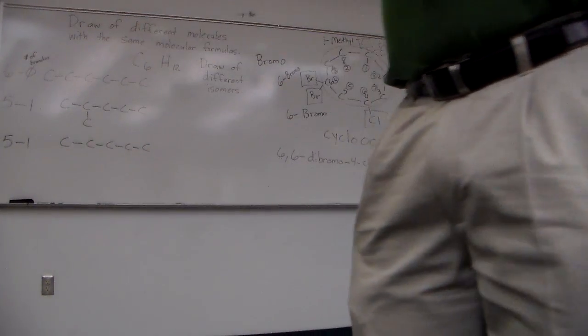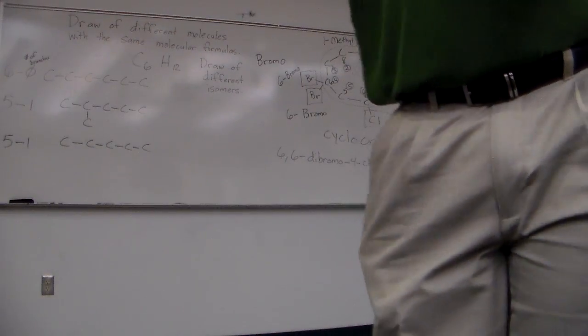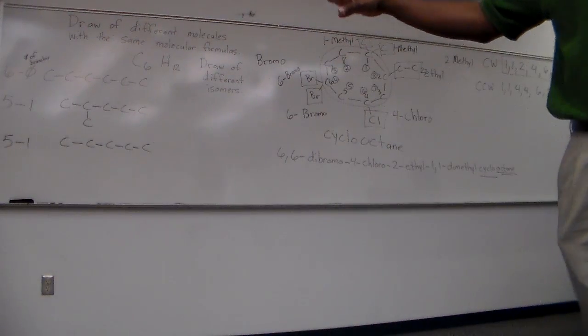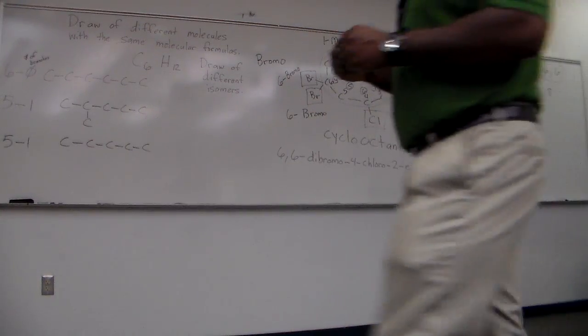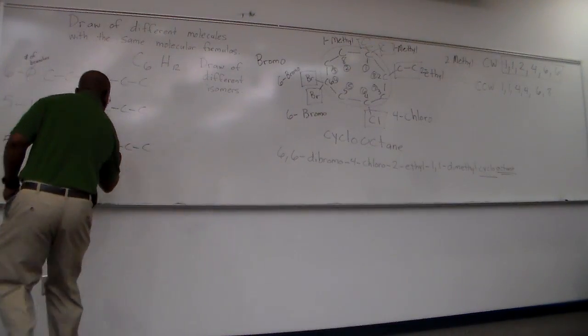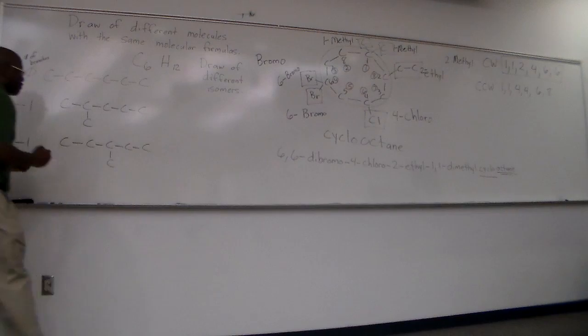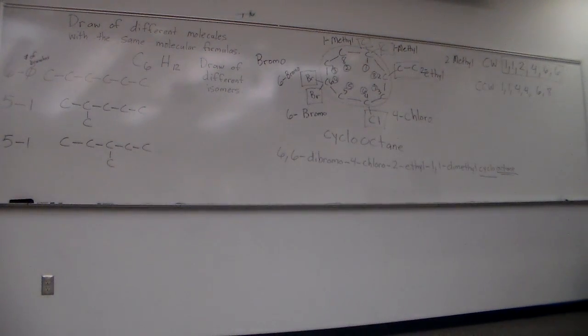First I put it on carbon number 2. Next I redraw my skeleton structure, and this time I put it on carbon number 3. Now we compare molecule 1, molecule 2, and molecule 3. Are those different molecules? Yes.